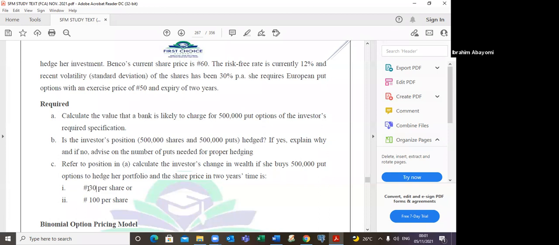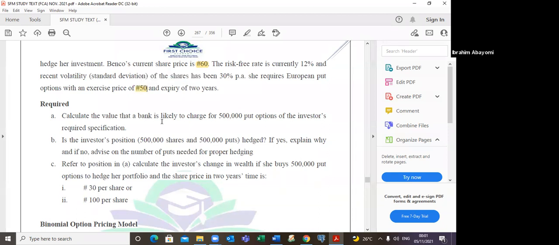Now, what does the question want us to do here? You know the current share price is what? Is 60 naira. That is the current share price. And the exercise price is what? The exercise price is 50.